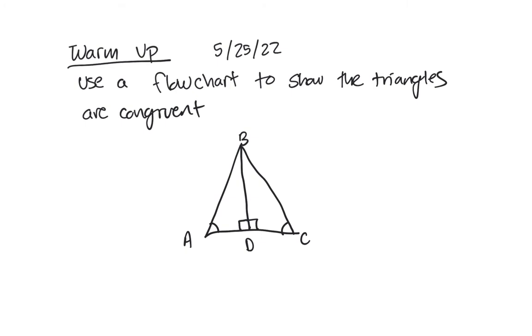All right, let's take a look at what you all did. First of all, I want to highlight that at first glance, it doesn't seem like we have enough information since we have 2 pairs of angles that are the same here: an angle at A and D, and an angle at C and D as well. But one thing I want to point out is that both triangles share this side. Although it's not marked in here, this is what we refer to as a shared side.